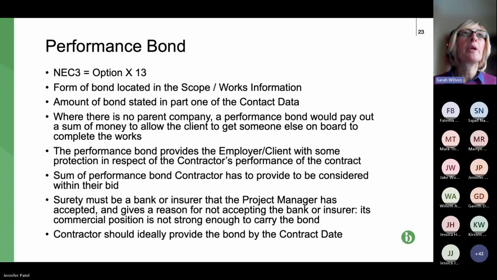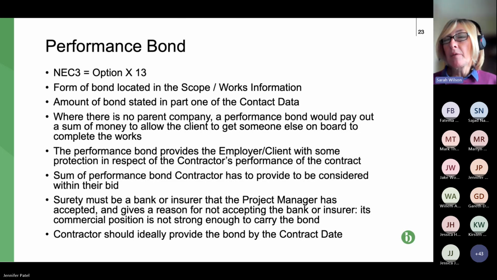Lovely. So then we come on to the performance bond. Now, again, the situation is evolving, and I would say probably 6, 7, 8 years ago, what you would find would be, for certain value of projects, definitely under 2 million, parent company guarantee or performance bond not requested at all, not needed, not even discussed.